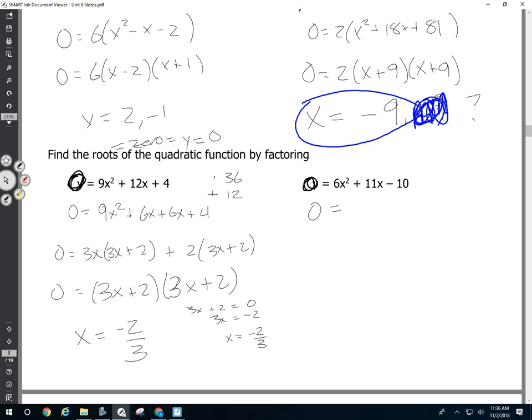15 and 4 are the numbers. Okay, guys? We can't spend the rest of the class. 15 and 4 are the numbers that we are looking for. Positive 15 and negative 4.